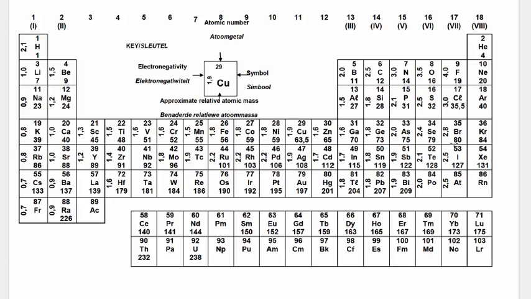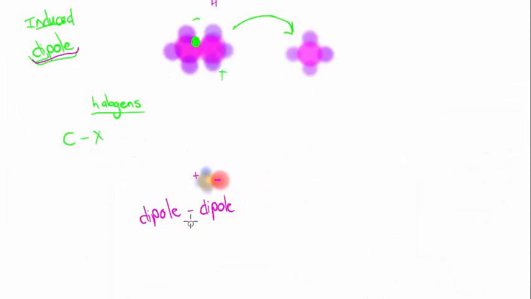Bromine's size is now big enough so that we have both induced dipole forces and dipole forces, very slight because the difference is slight, but we also have induced dipole because he's a large molecule himself. So the size of the molecule affects induced dipole forces. Does that make sense? So he has two forces, very slight dipole forces, and very slight induced dipole forces.